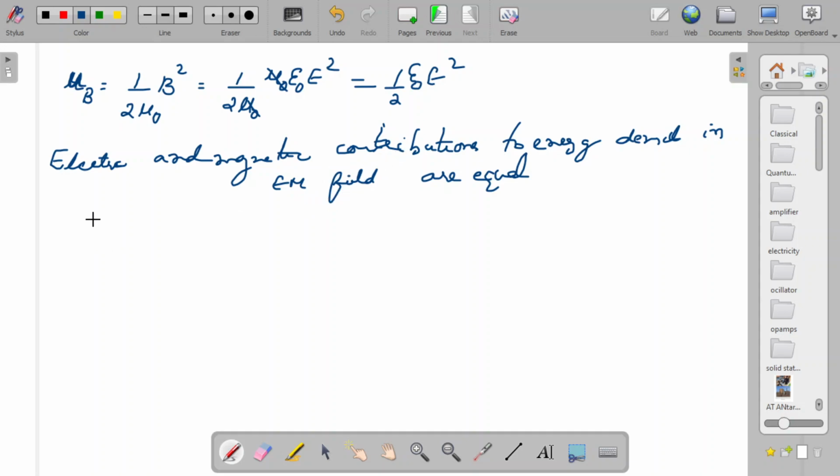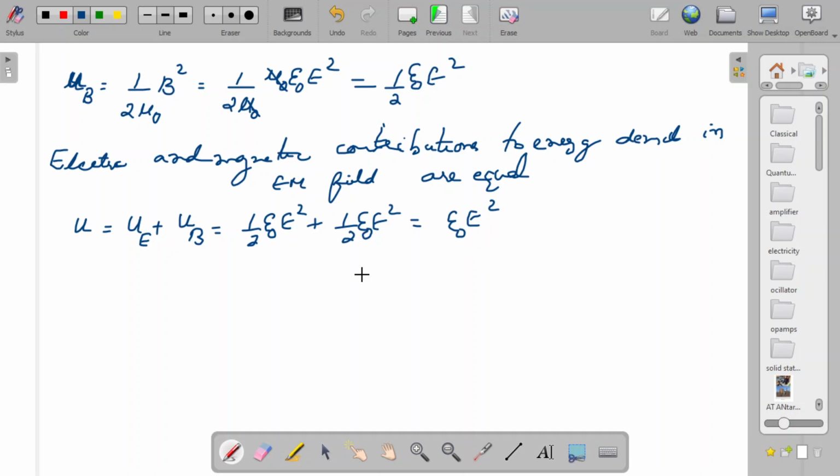Okay, so then I can write U as equal to the contribution in U by E plus the contribution of U by B. Both of them are the same, and one of them is half epsilon 0 E square. So half epsilon 0 E square plus U B, which is also found to be half epsilon 0 E square, so I can write it as equal to epsilon 0 E square.